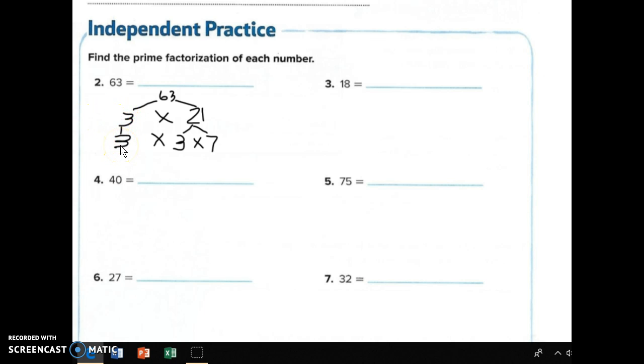And then the factors of 21 is 3 times 7. So the prime factors of 63 is 3 times 3 times 7. There you go. Remember, girls, use your skip counting chart that I gave you. Use it to help you.